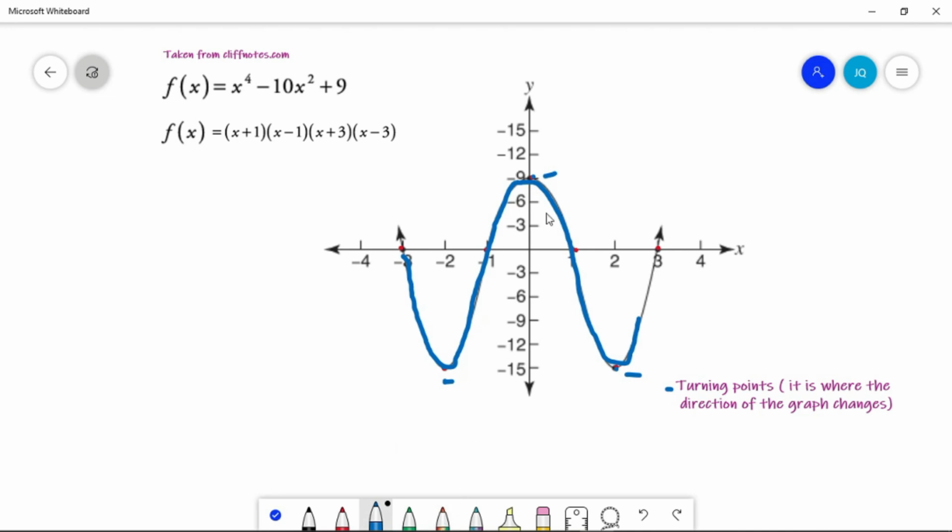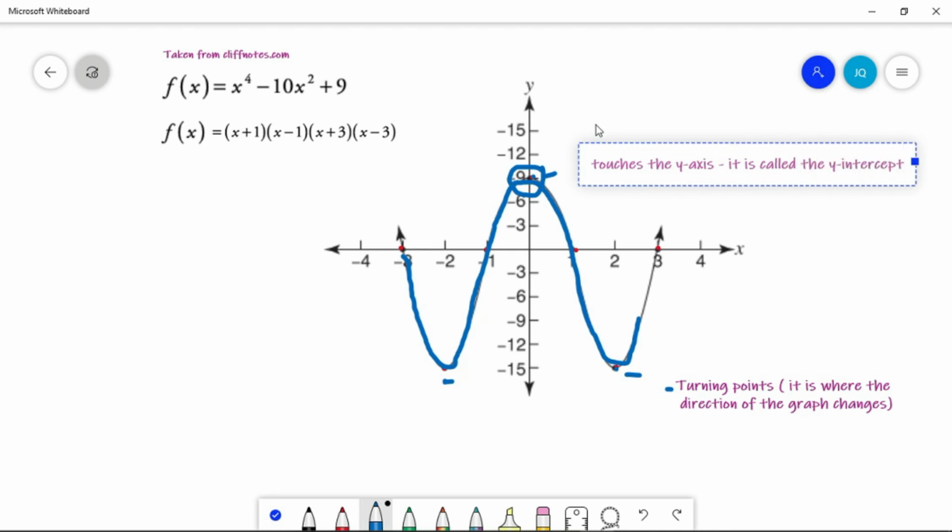And aside from that, this point here, which touches the y-axis, or actually passes the y-axis, is called the y-intercept.